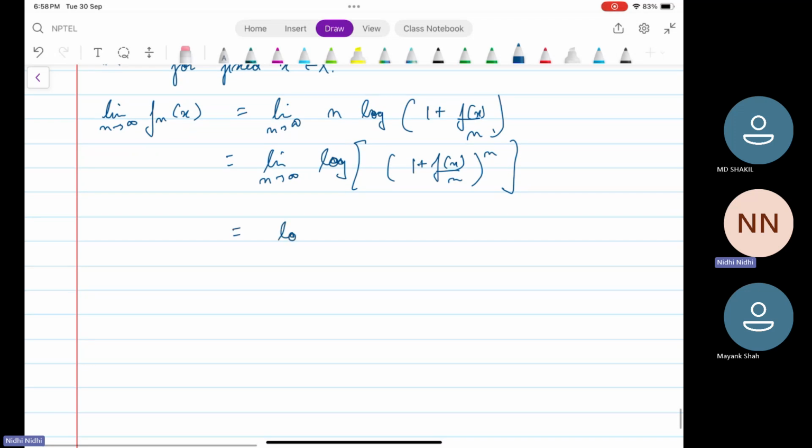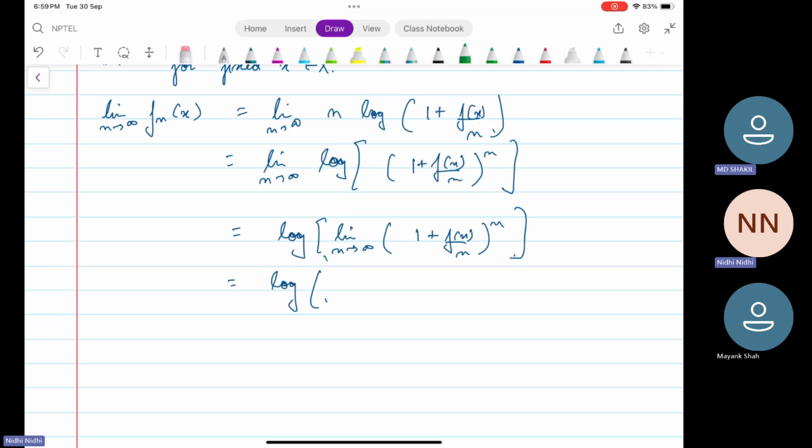So this is log of the limit as n tends to infinity of (1 + f(x)/n) to the power n. Can you tell me the limit? This x is fixed, and this is f(x) upon n.